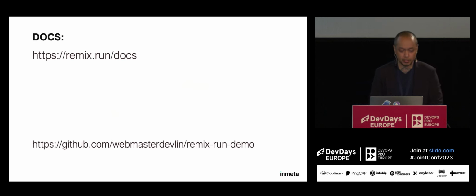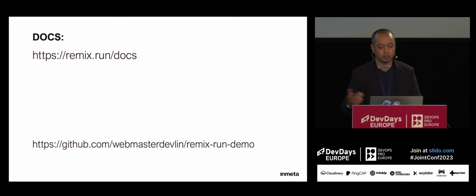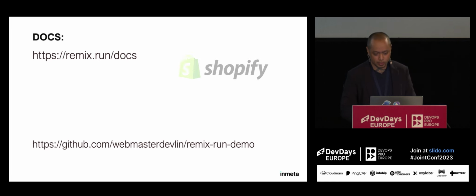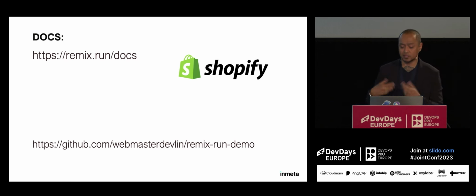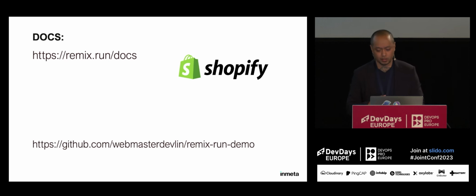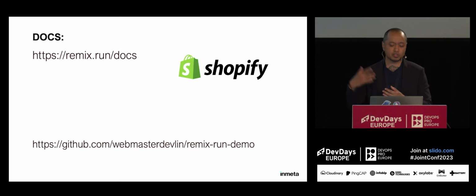The docs will be here in remix.run/docs, and this sample code is at github.com by Master Devlin, remix run demo. And again, last year Remix has been acquired by Shopify, which is a very popular e-commerce site. So Remix will be used in 2 million e-commerce sites across the globe.